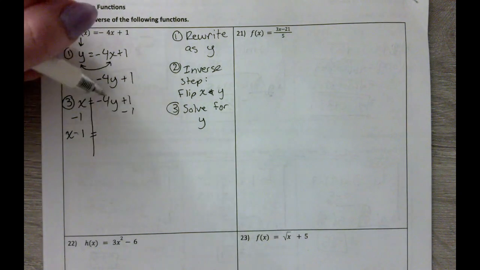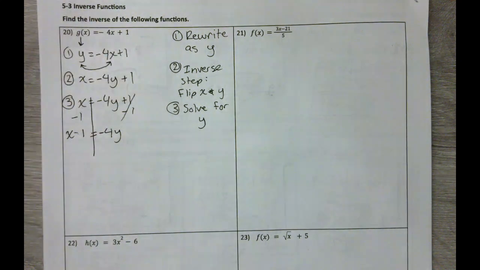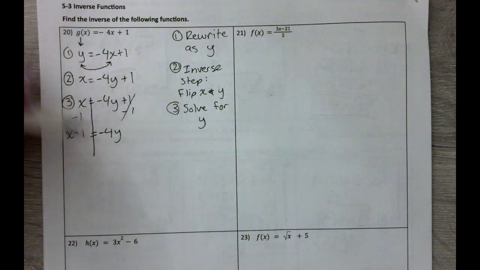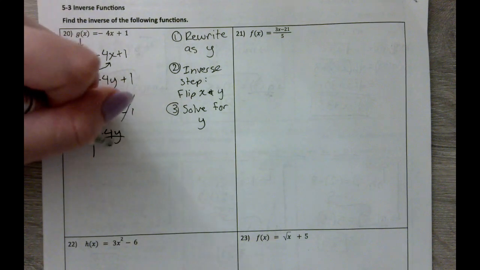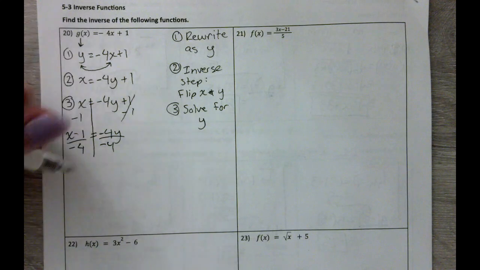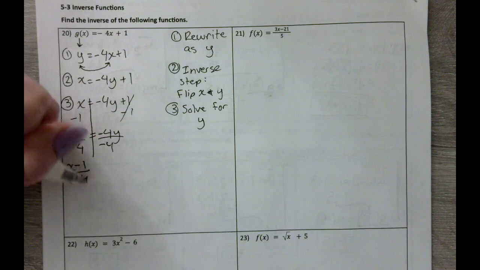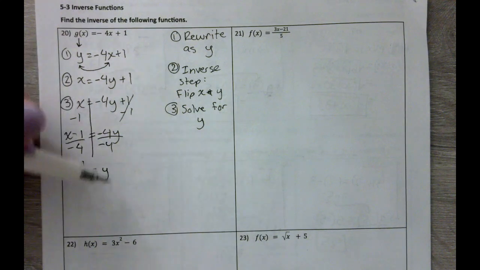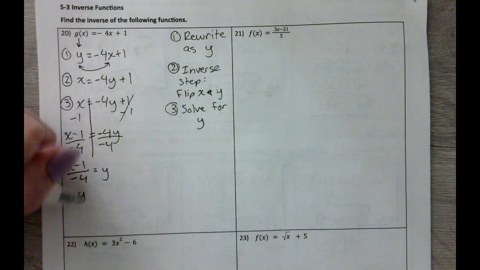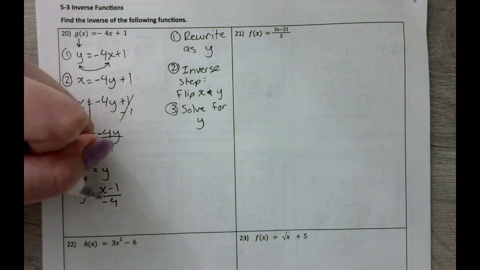So it's x minus 1. Ones cancel. Bring down negative 4y. Last step, we need to get y by itself. We'll divide by negative 4. And then this gives us x minus 1 over negative 4 equals y. I'm going to flip-flop these so that y is on the left. Y equals x minus 1 over negative 4.